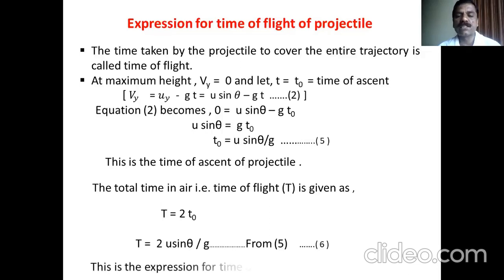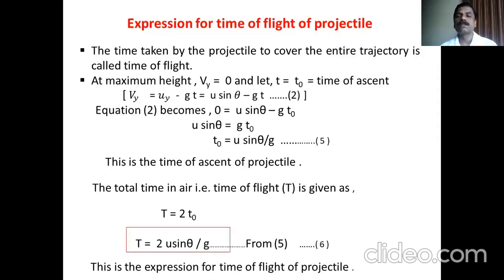This is the expression for the time of flight of the projectile. So you should remember this very important equation: capital T, the time of flight, is equal to 2u sin theta divided by g.